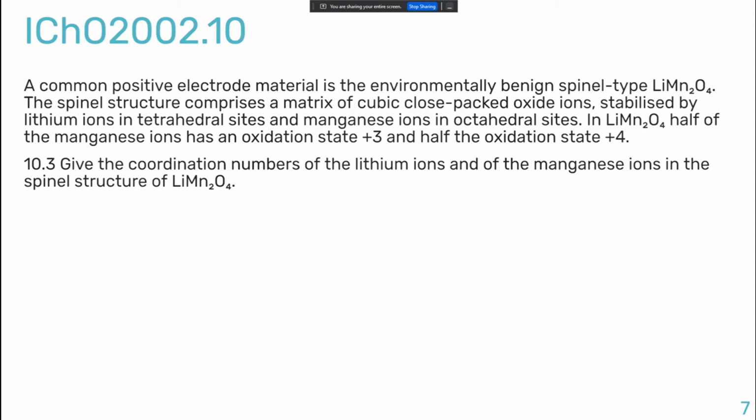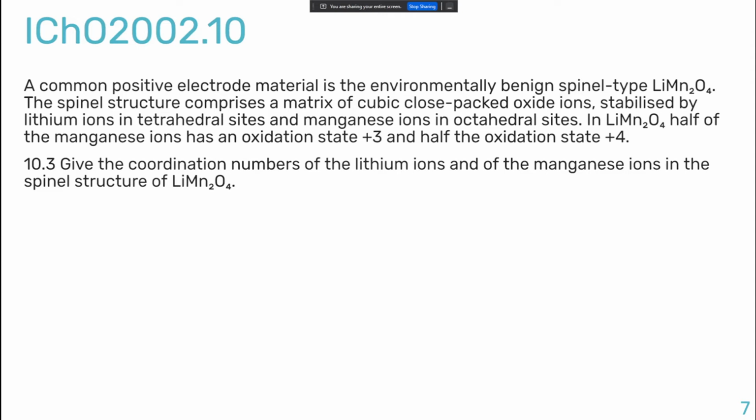So let's see. A common positive electrode material in the environmentally friendly battery is spinel type lithium manganese oxide, LiMn2O4. The spinel structure comprises a matrix of cubic close-packed oxide ions stabilized by lithium ions in tetrahedral sites and manganese ions in octahedral sites.